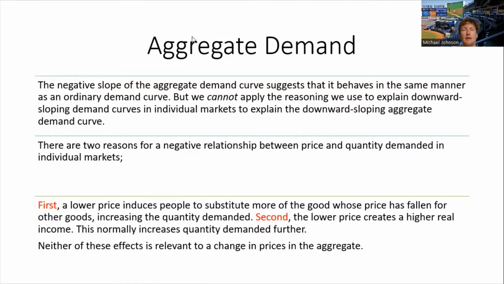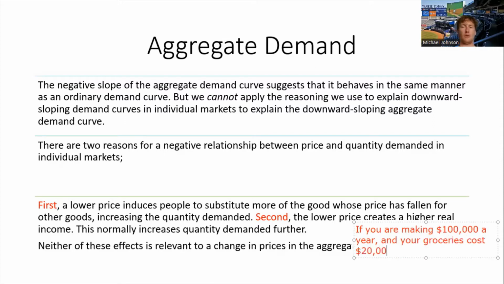What that means is, if you are making $100,000 a year and your living expenses are $40,000 a year, $100,000 divided by $40,000 equals 2.5.